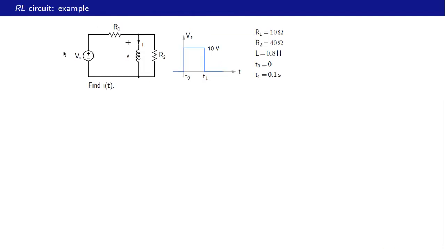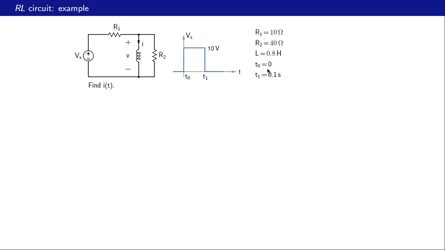Let us now apply the ideas that we have just learned in the last slide to this particular example. We have an RL circuit here with two resistors, R1 and R2, and a single inductor. R1 is 10 ohms, R2 is 40 ohms, and the inductance is 0.8 Henry. The input voltage is a pulse given by this graph here.